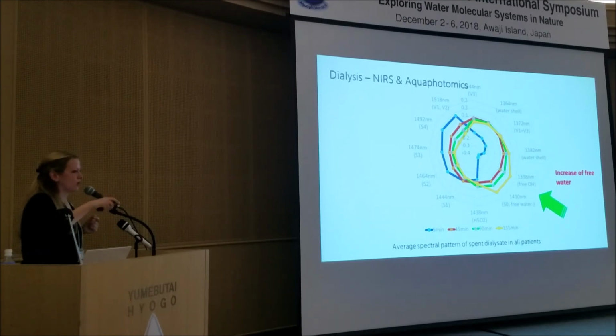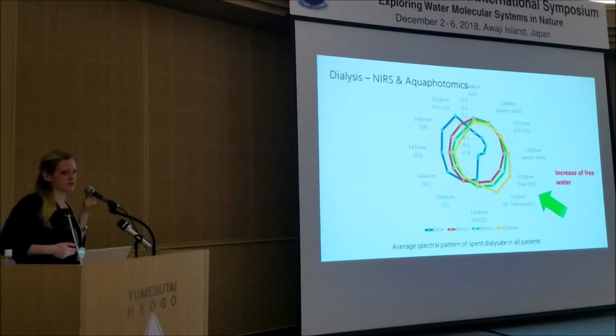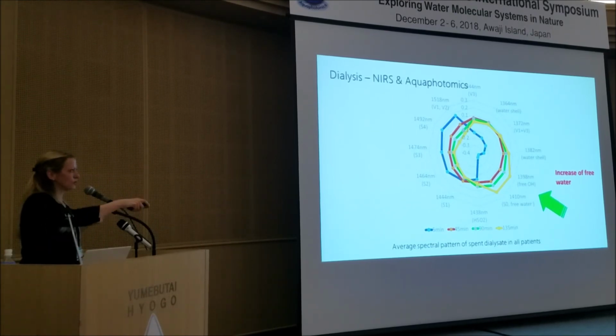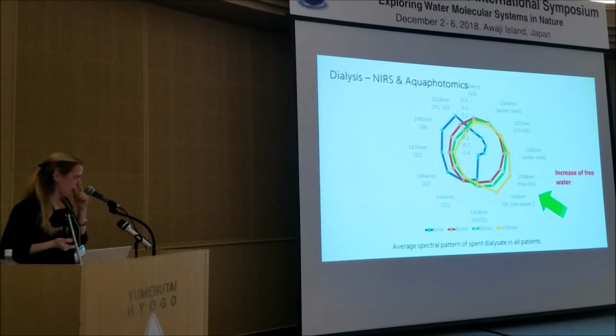So this opens up a possibility of using this type of information as a new biomarker. We don't have to only use urea, creatinine. We can only monitor what's happening to water. And this is really, really useful.